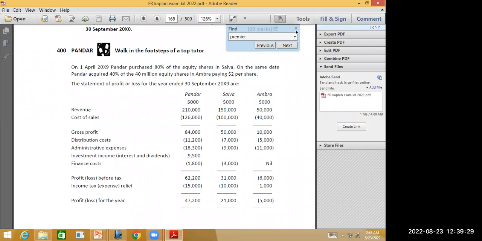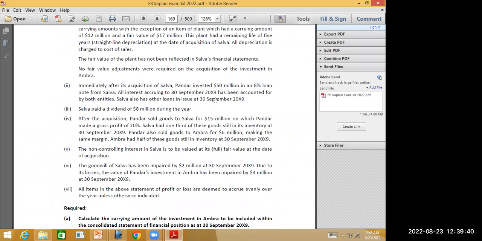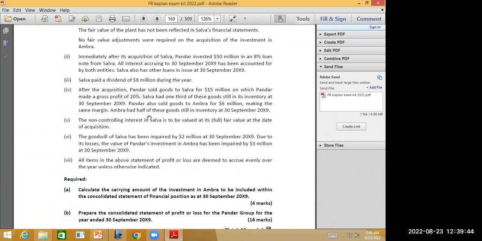Now, here is a question. We have three companies: parent, subsidiary, and associate. Is there any intercompany transaction between the parent and associate? Yes.